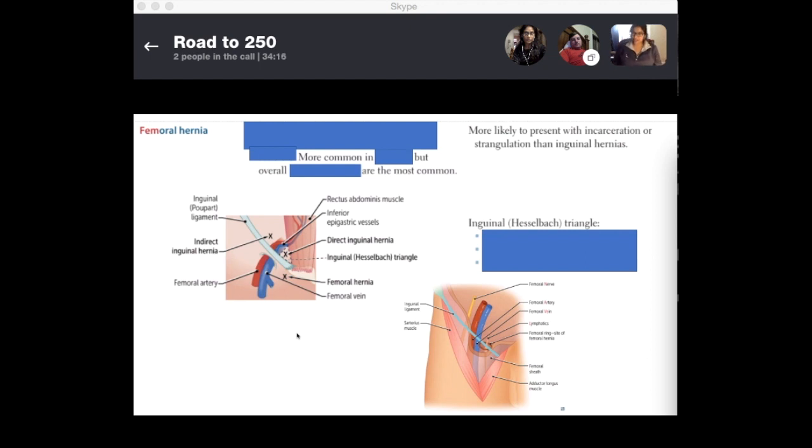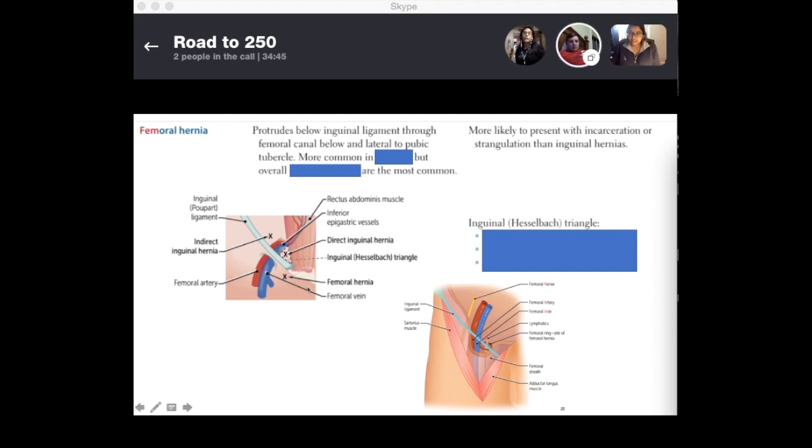Can we describe exactly where it protrudes? Below the inguinal ligament? Yes. So the femoral hernia is going to protrude below the inguinal ligament and through the femoral canal, lateral to the pubic tubercle, which I think is depicted there.